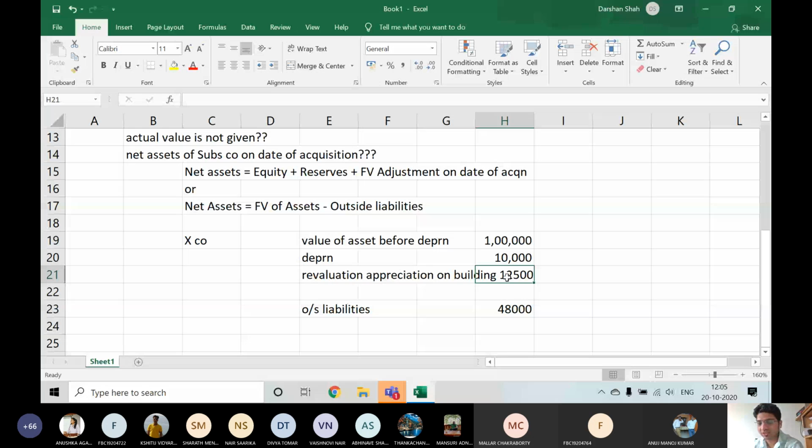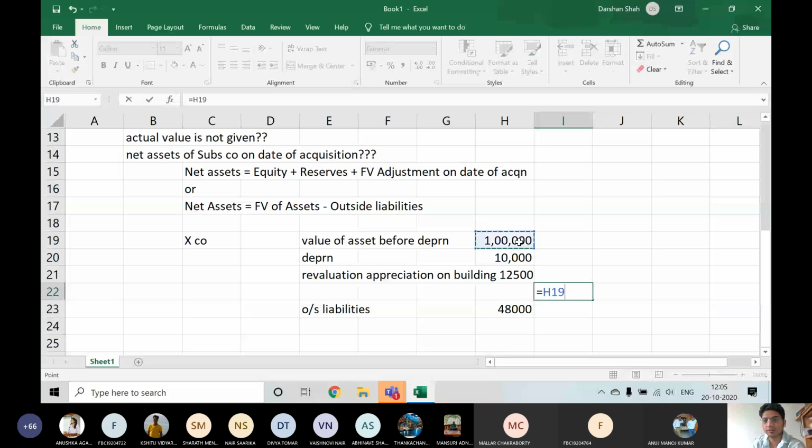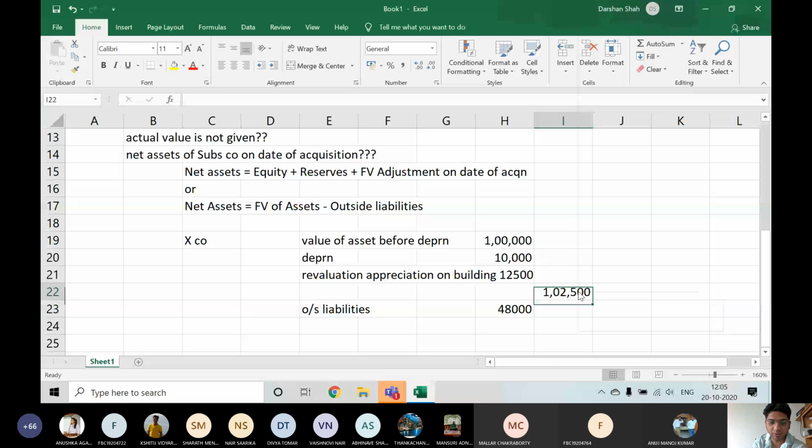And then after adjusting both of these, whatever comes the value. तो कितना value आएगा? That will be 1 lakh plus 2,500, so 1,02,500 minus 48,000. Correct. So my net assets will be 54,500.